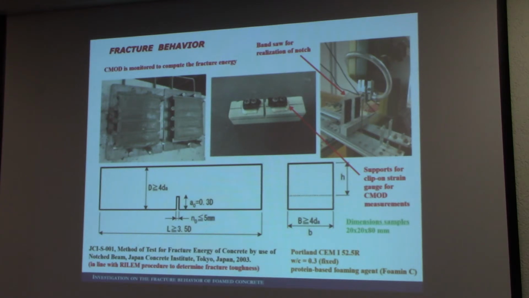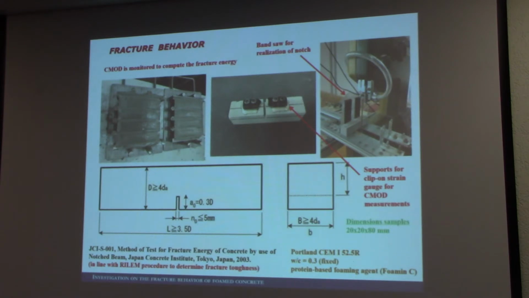in collaboration with the Politecnico di Torino, and they are simple notched specimens, as can be seen here. We followed the Japanese testing standard, which is in line with the relevant procedure to determine the fracture toughness. In particular, the notch height is 0.3 of the beam depth.